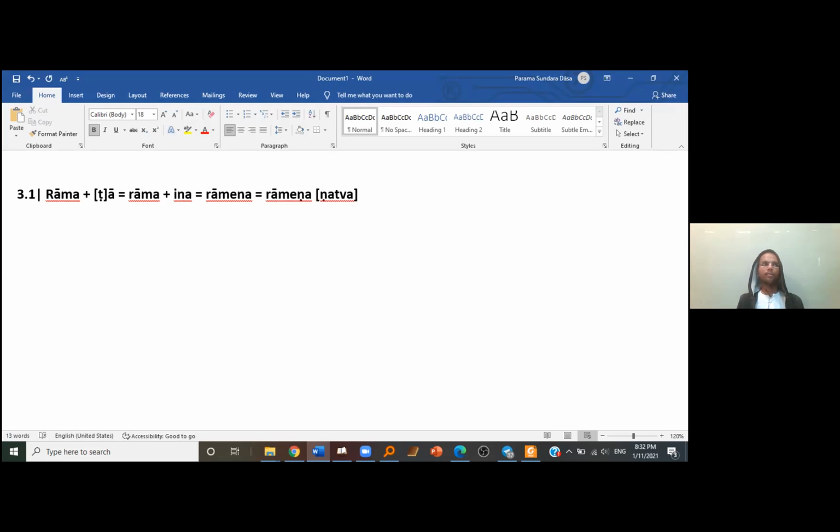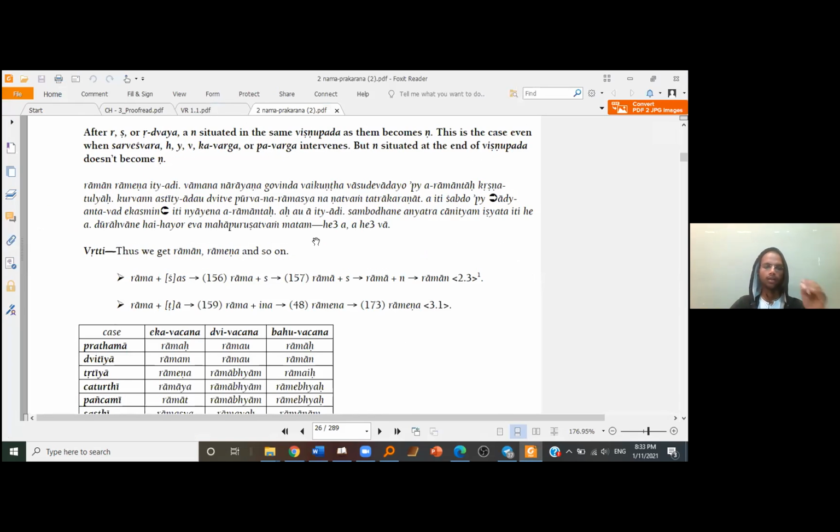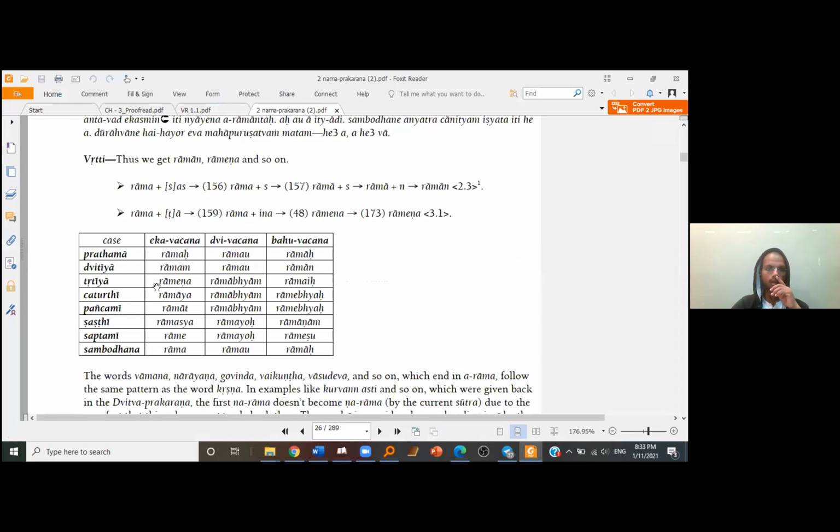So like this, Ramena, and then when it comes to 6.3 also, the form becomes Rama Nam when we apply all the sutras. Then again, this sutra will be applied. Rasha Ridvebhyo Ityadi. Then Rama Nam. That's all. So this is the difference only. Otherwise, the same thing. So this is the table. Ramanam, Ramena.